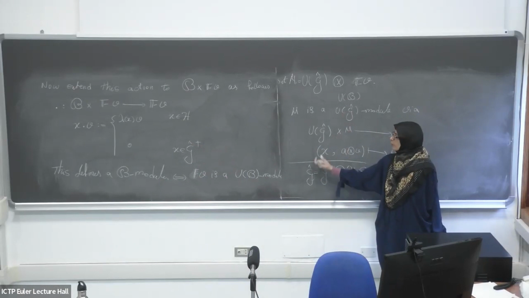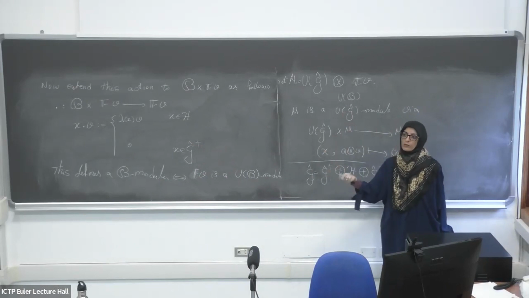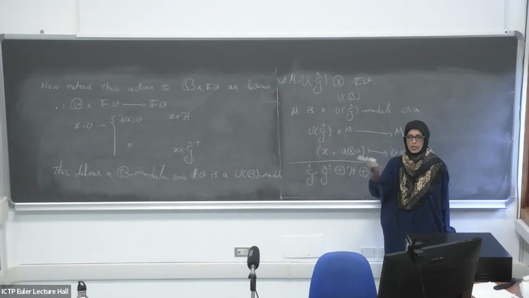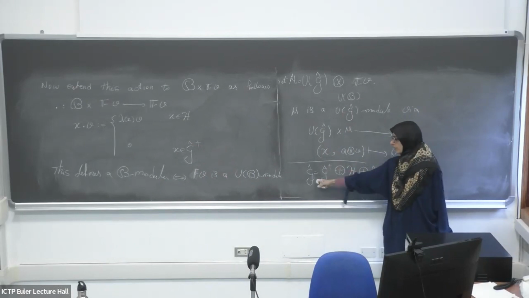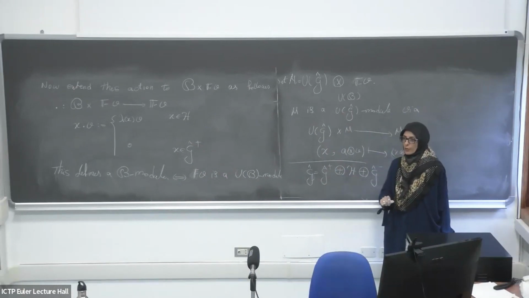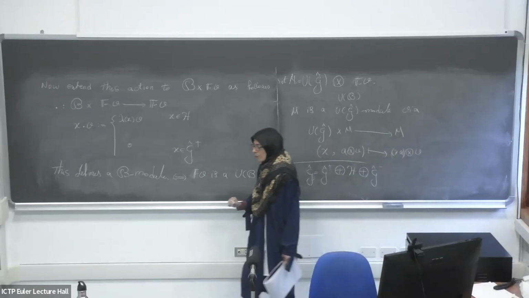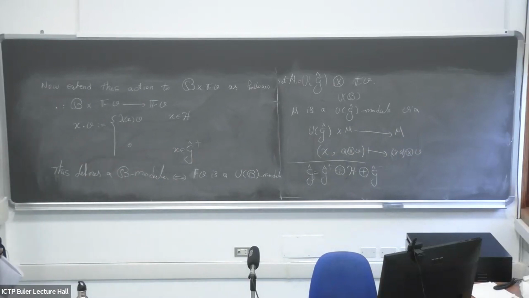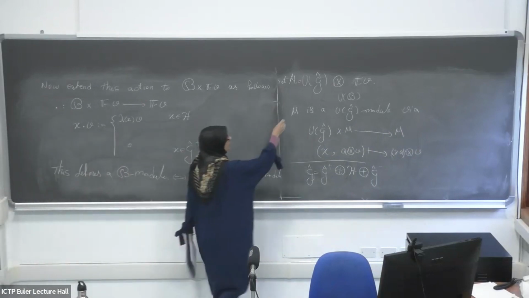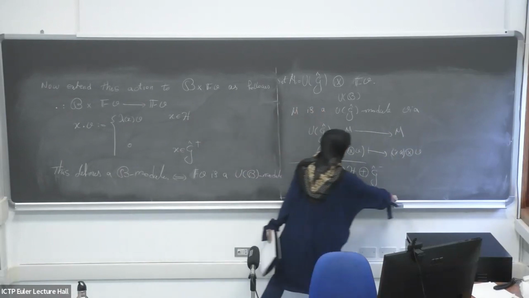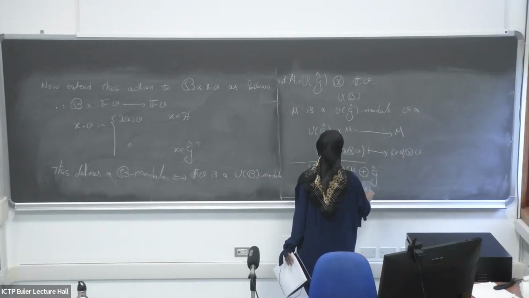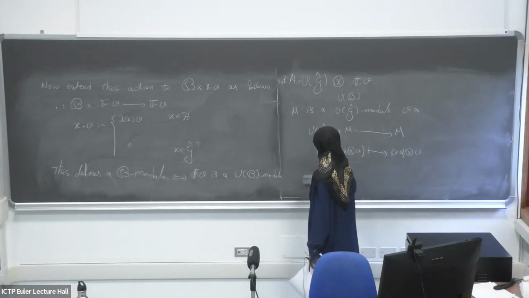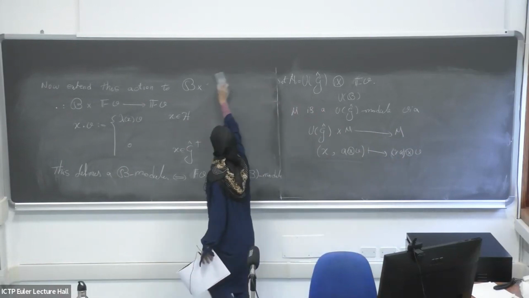In fact, at first we get a module for UG hat, but if there is no difference between G hat modules and UG hat modules, we get a module for G hat. But we always like to have irreducible ones. We are looking for the irreducible module, and this module is not necessarily irreducible, but we can deal with this as well.